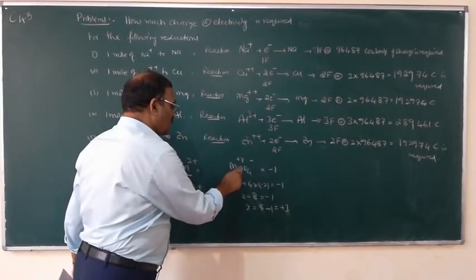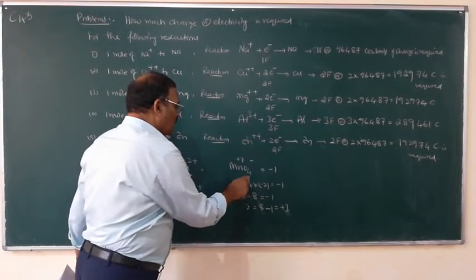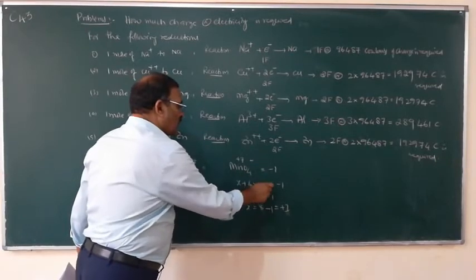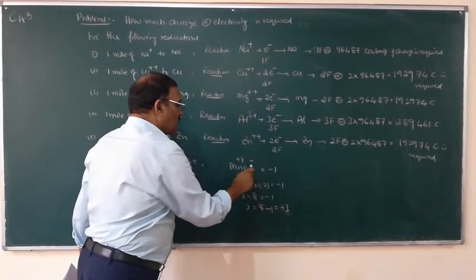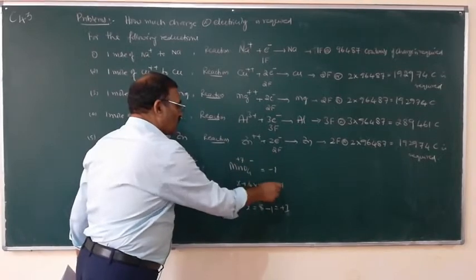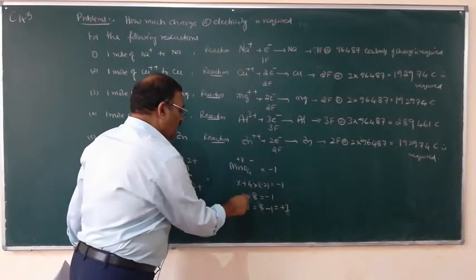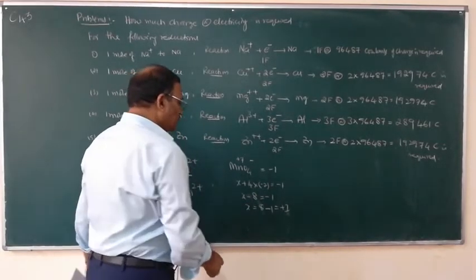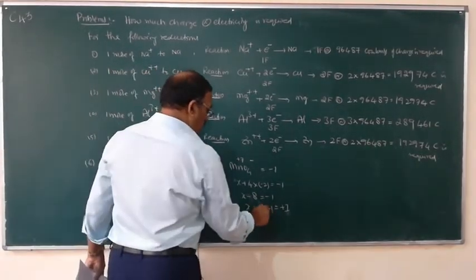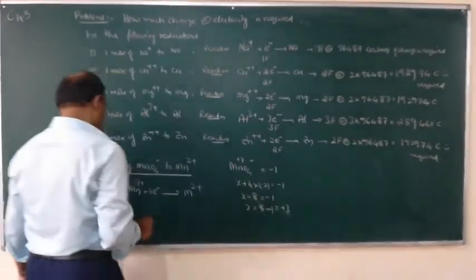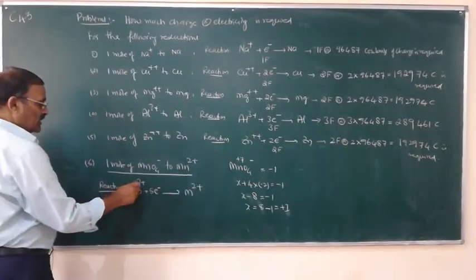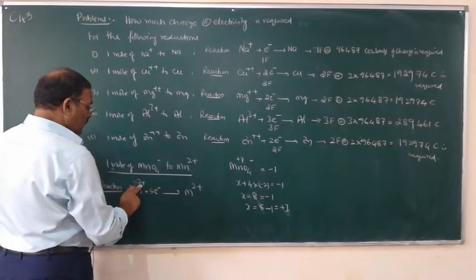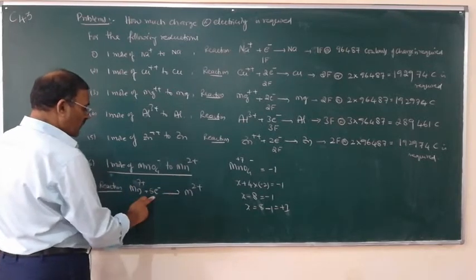Let the oxidation state of manganese be X plus 4 into oxidation state of oxygen, -2, that is equal to -1. So X minus 8 is equal to -1. X is equal to 8 minus 1, that is equal to +7. So the oxidation state of manganese is +7. It is converted into +2. So conversion from +7 to +2 needs 5 electrons.